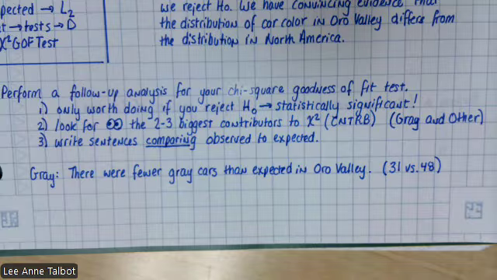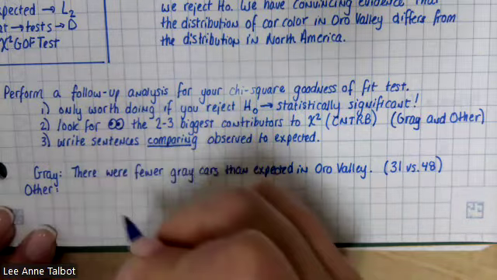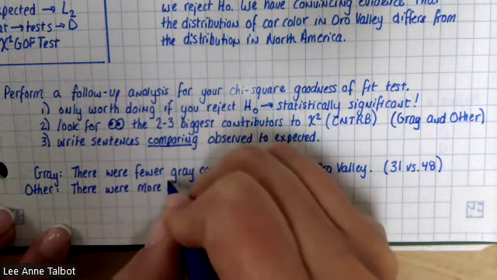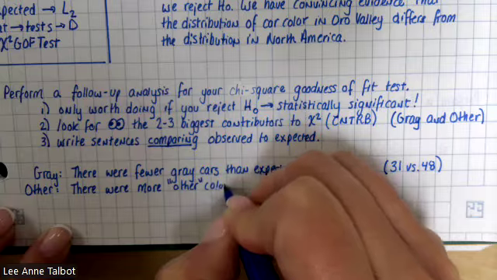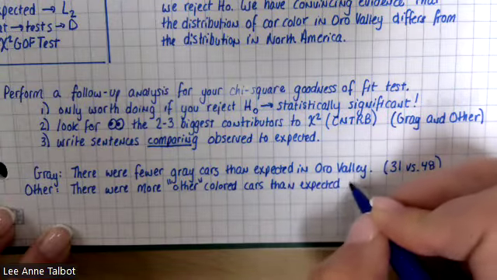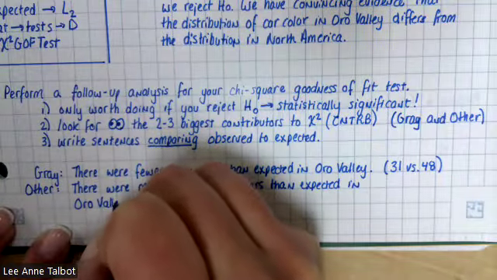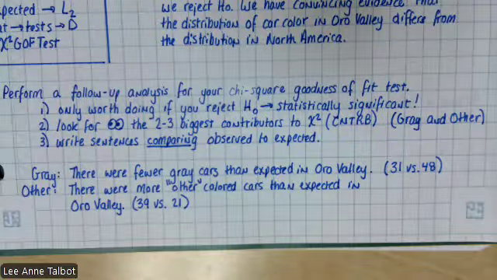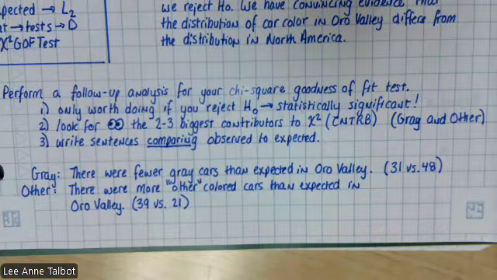There were fewer gray cars than expected in Oro Valley, 31 versus 48. 31 being observed, 48 being expected. Done. Not too bad.